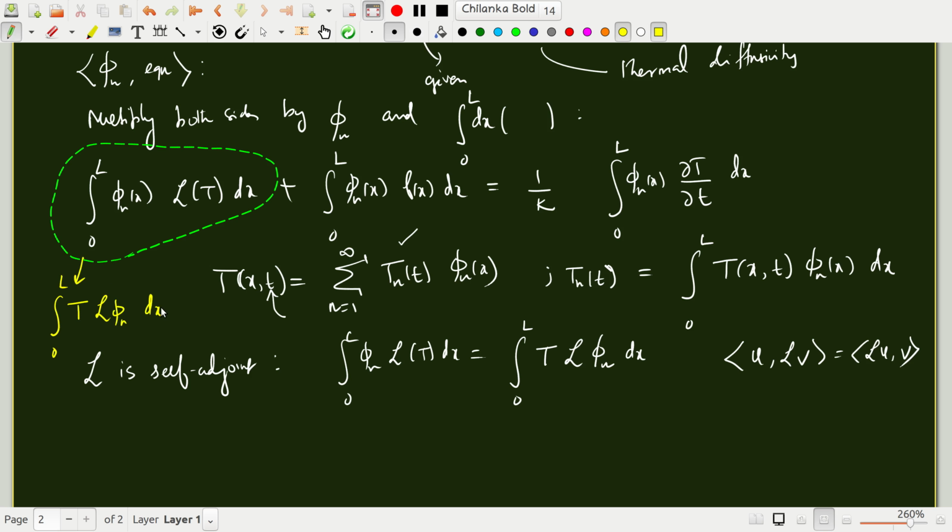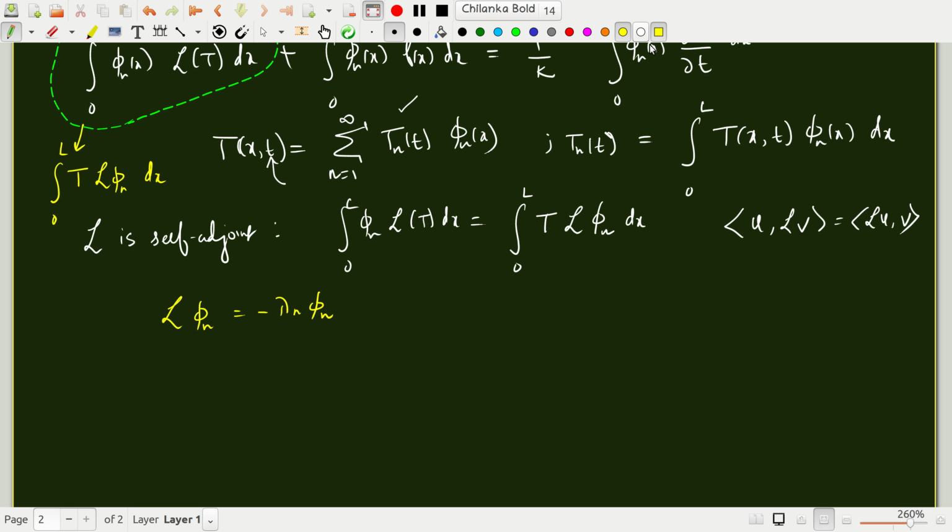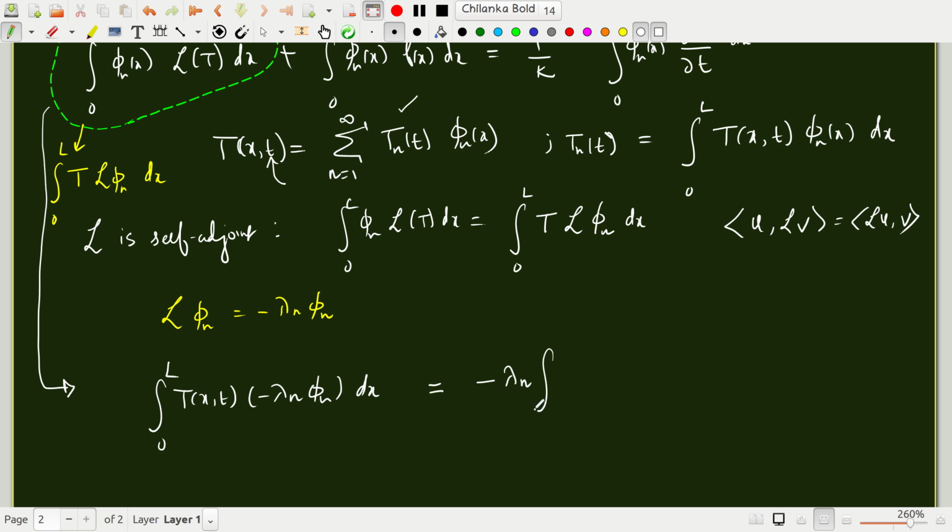Now L phi n is nothing but minus lambda n phi n. So the first term out here will become integral 0 to L T of x,t times minus lambda n phi n dx. That's the first term. Now this lambda n is a constant independent of x, so I can pull this outside: minus lambda n integral 0 to L T of x,t phi n of x dx.